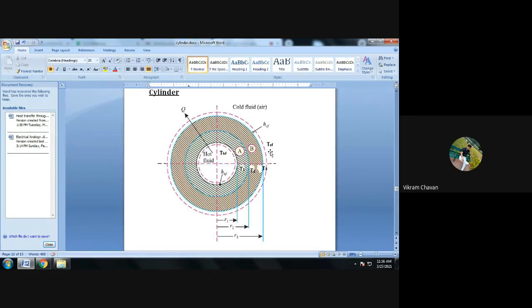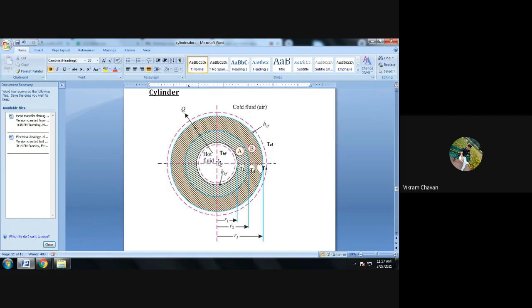The convective heat transfer coefficient between the external surface of B cylinder and the external environment is H suffix CF, the cold fluid convective heat transfer coefficient.